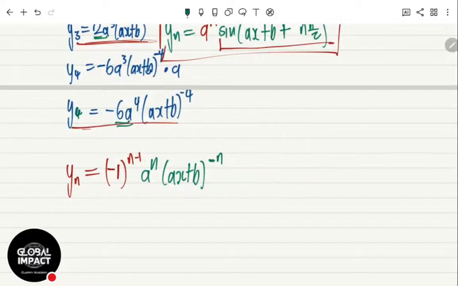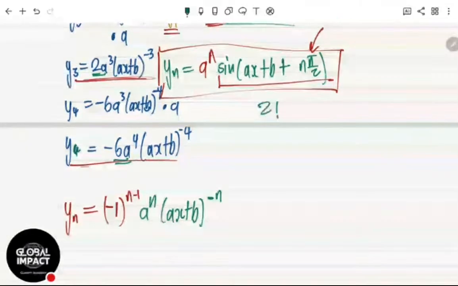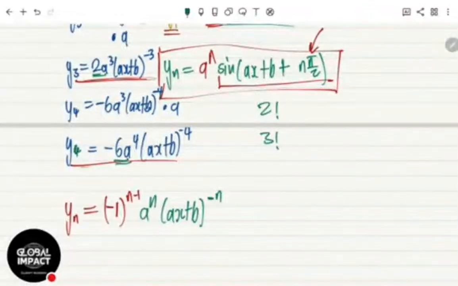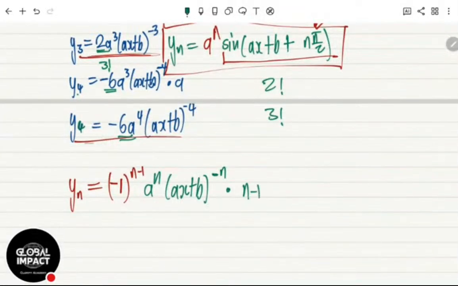Here I have 2, which is 2 factorial, and 6 is 3 factorial. So there is a factorial: this is 3 factorial, and it is at 4. So it will be times n minus 1 factorial.